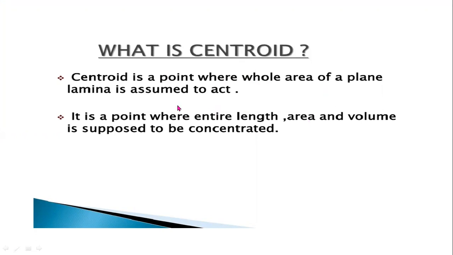Centroid is a point at which the total area of a plane figure like rectangle, square, triangle, quadrilateral, circle is assumed to be concentrated, and is known as the centroid of that area. Centroid is always represented by C or CG or simply G. The centroid and center of gravity are at the same point.